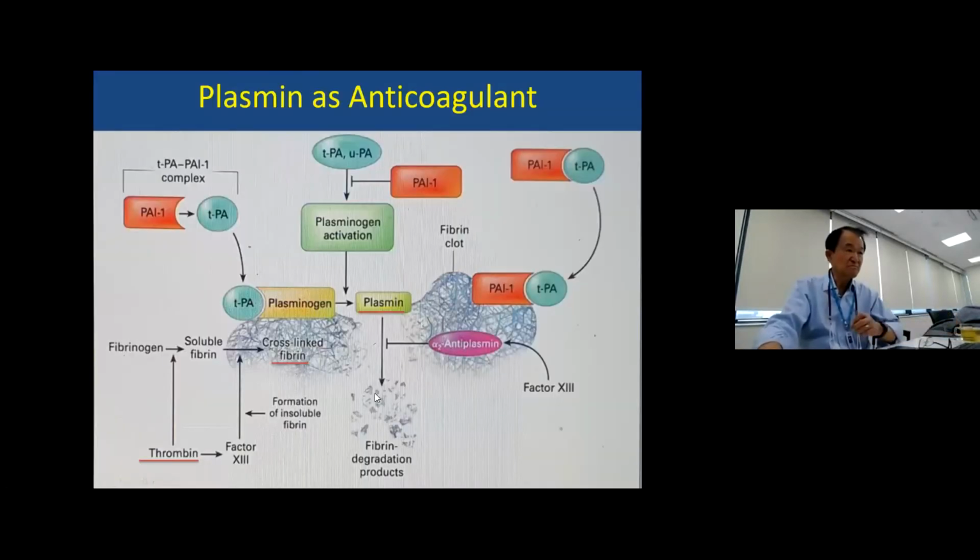So again, plasmin or plasminogen helps in treating the coagulation process. There are a lot of factors involved.